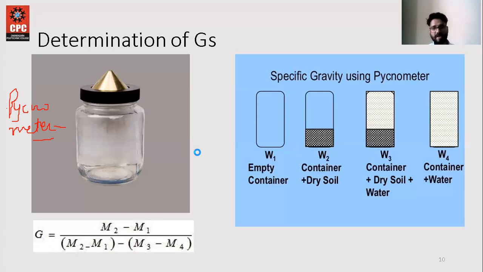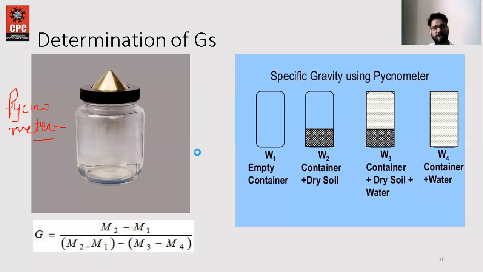There is a small hole at its apex, of 6 mm diameter. The leakage is prevented by having a washer between the cap and the jar. While closing the jar, it is screwed till the mark so that the volume of the pycnometer will remain constant throughout the calculation. So what is the procedure to calculate the specific gravity?